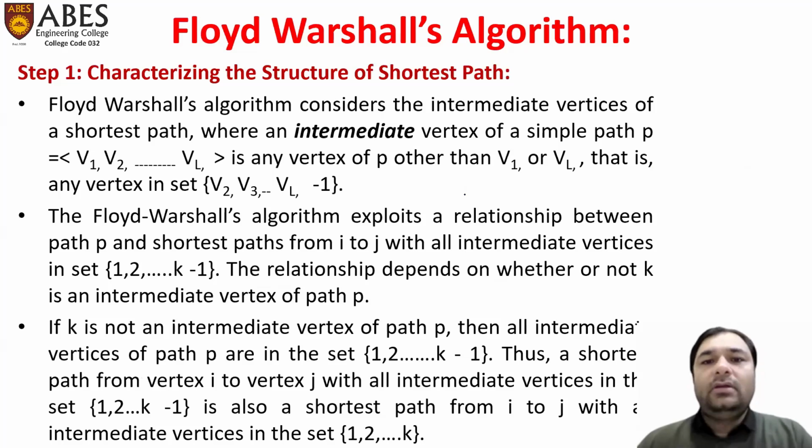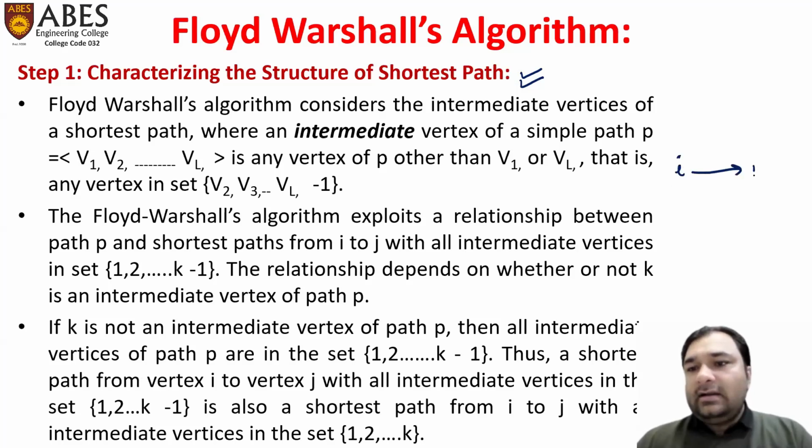while solving any problem using dynamic programming, out of which the first step is characterizing the structure of the optimal solution. Now, in this step, it is very simple. Let's suppose there is a directed edge from I to J, then we simply write its weight, let it be 5.